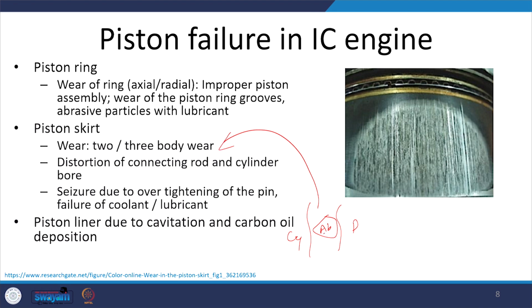The hard particle will tend to indent either of these two members under the pressure or load and cause scratching, and consistent operation in the presence of the abrasive will lead to three body abrasive wear, removal of material, and loss of dimensions of the piston and the liners.